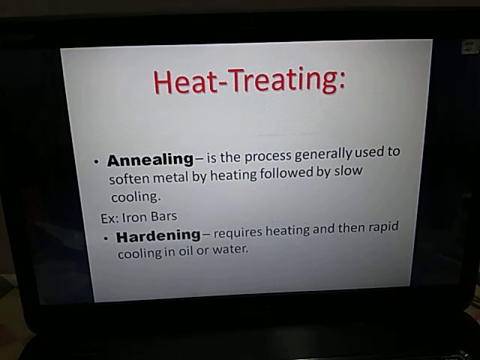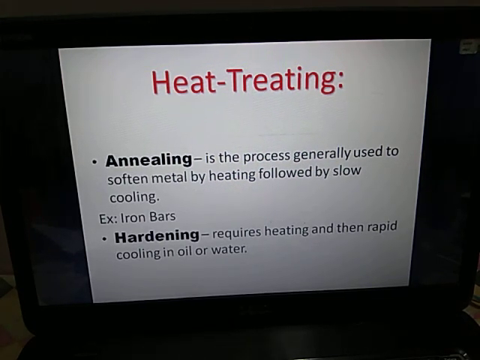Examples for annealing include iron bars and different kinds of equipment. Annealing is a process generally used to soften material by heating followed by slow cooling. Hardening requires heating and then rapid cooling in oil or water.